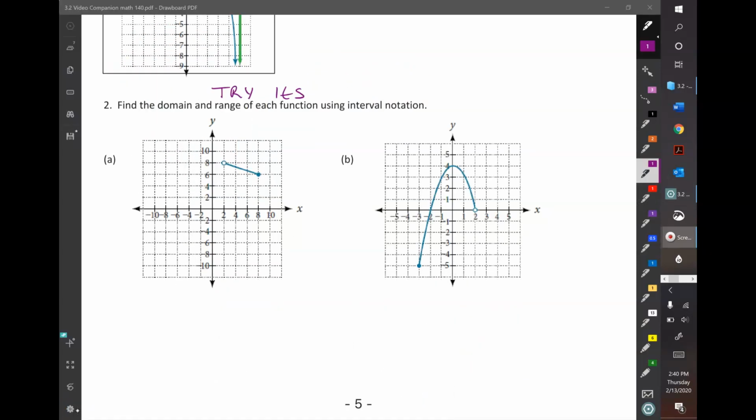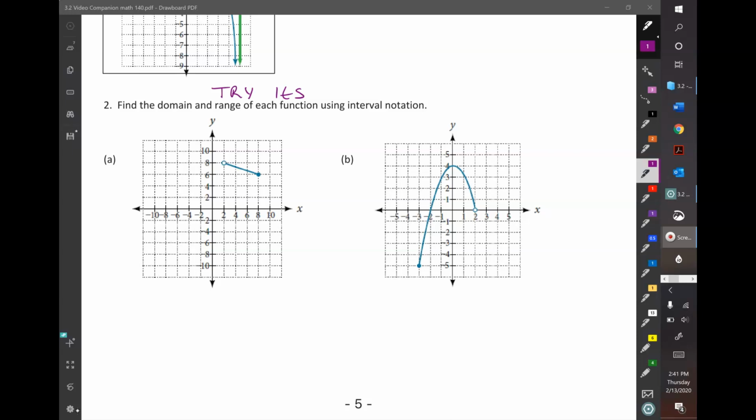So just a couple more problems in this section, and I'd like you to try them on your own if you can. Number 2, find the domain and range of each function using interval notation. So A looks like just a little linear line segment starting at the point 2, 8 with an open circle, and then it ends at the point 8, 6 with a closed circle.